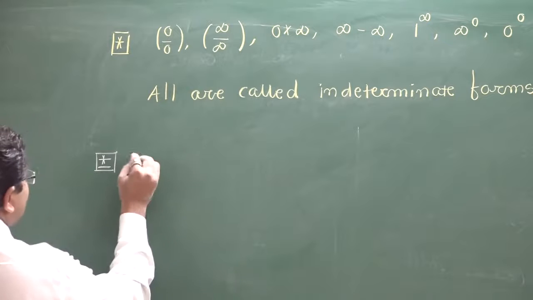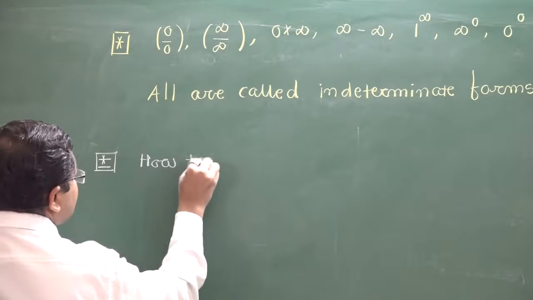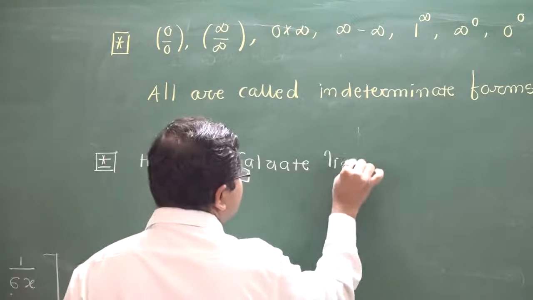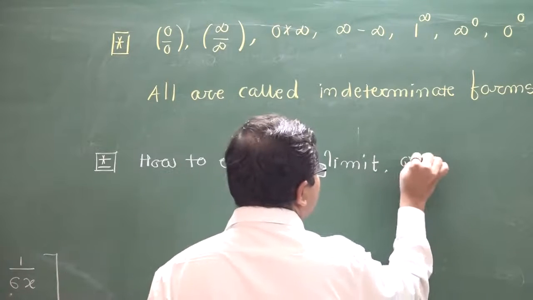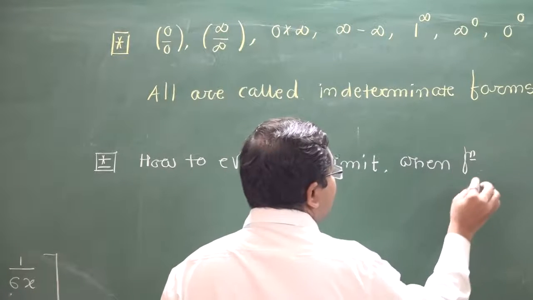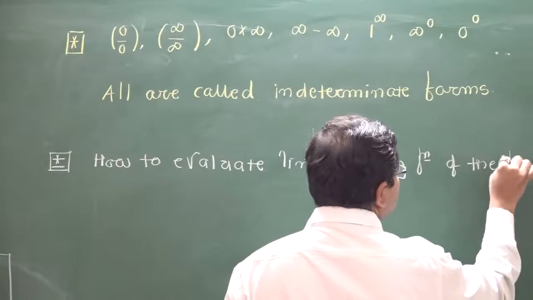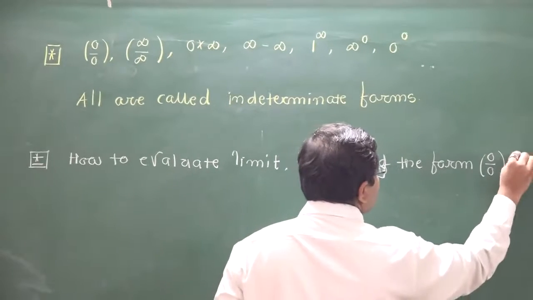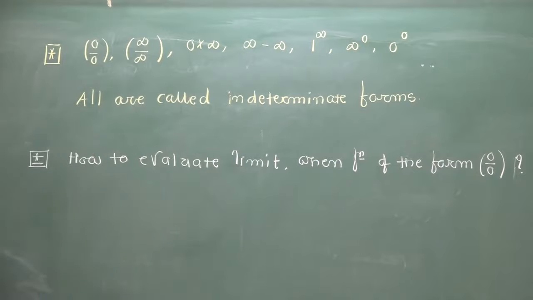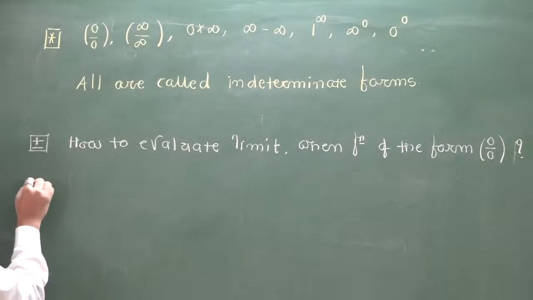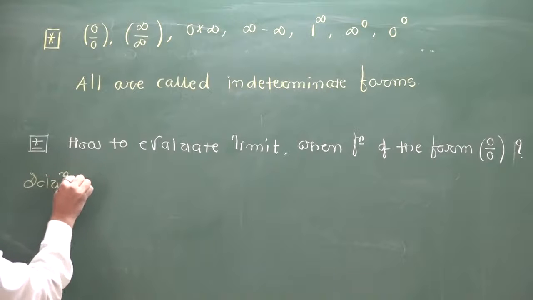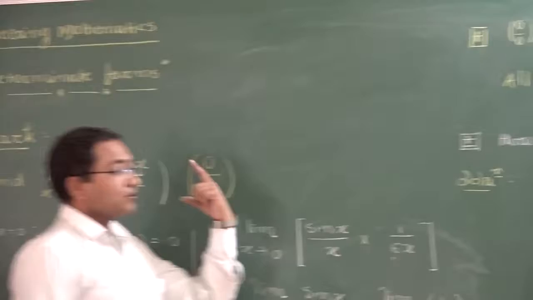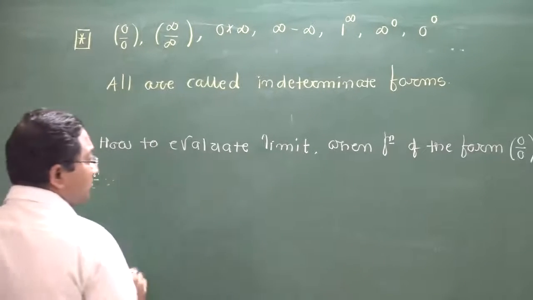Now how to evaluate a limit when the function is of the form 0 by 0. That is our question. So what is our working rule? The solution is: for any function of the form 0 by 0, how do we evaluate the limit of the given function?